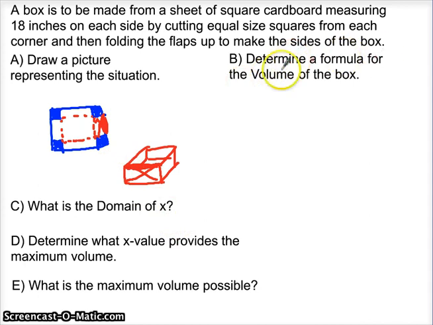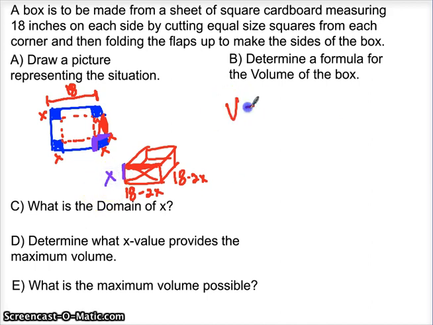Now, what we want to do is determine a formula for the volume of the box. So if we know that this sheet of cardboard was 18 total units when we started, and we cut out x units on each side for these corners, then the sides of my box are 18 minus 2x on this side, 18 minus another 2x on this side, and of course these two parts that come together when the flaps are folded up form this edge of the box, and they are just x units wide.